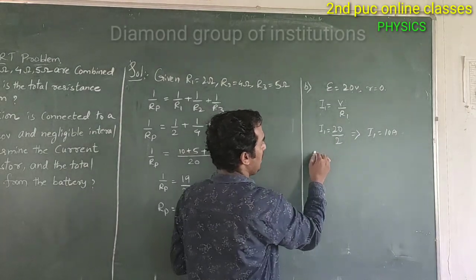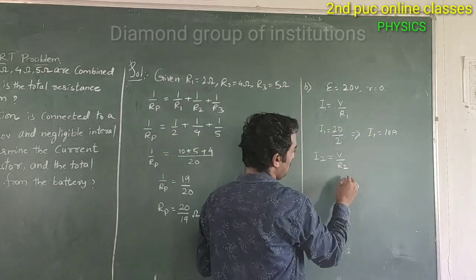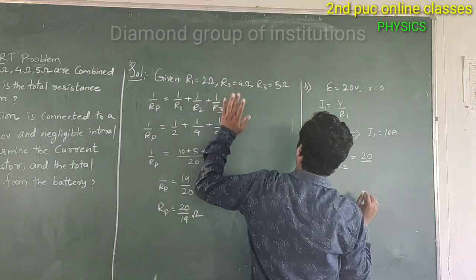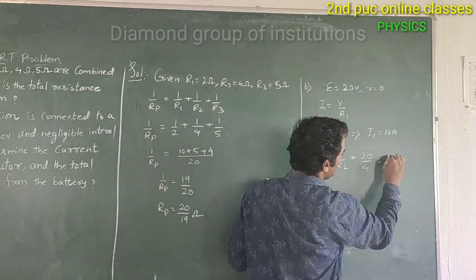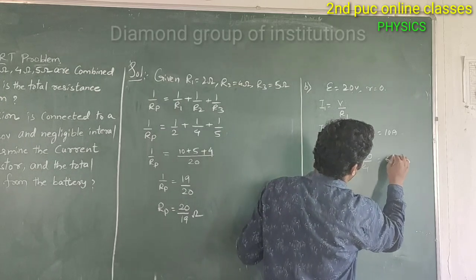Next, similarly, I2 equals V by R2, V value 20 by R2 value 4. So we are going to get the answer as 5 ampere.